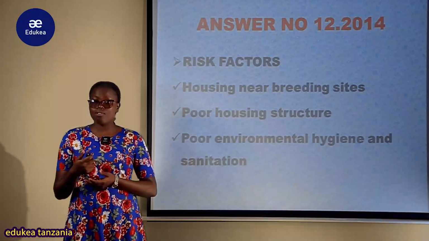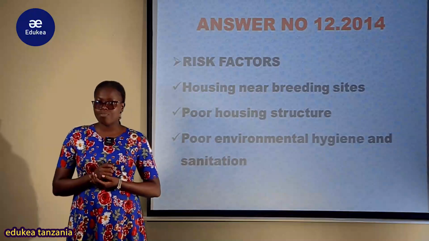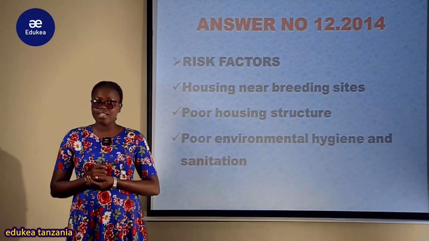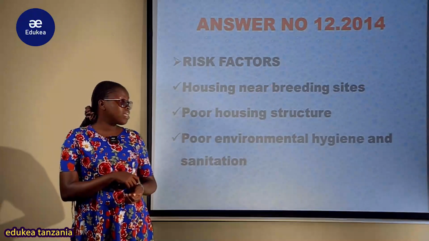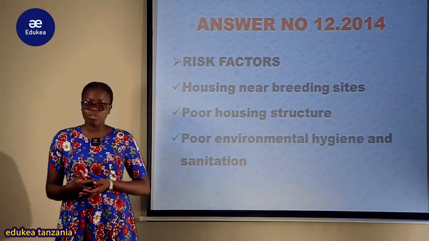The risk factors which might result in a human being being affected by the Plasmodium species causing malaria include housing near the breeding site, near where the mosquito breeds or reproduces.